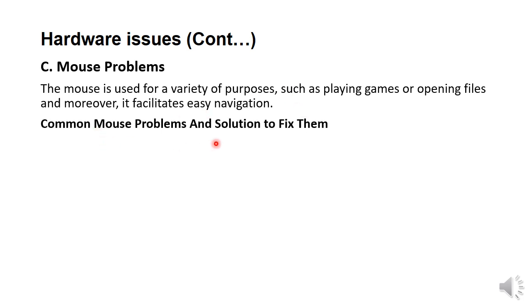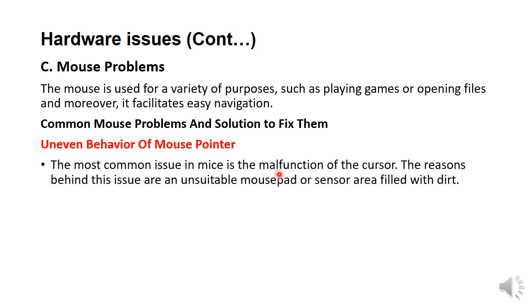Common mouse problems and the solutions to fix them are the following. Uneven behavior of the mouse pointer. What is it? The most common issue in mice is the malfunction of the mouse cursor. The reasons behind this issue are an unsuitable mouse pad or a sensor area filled with dirt.